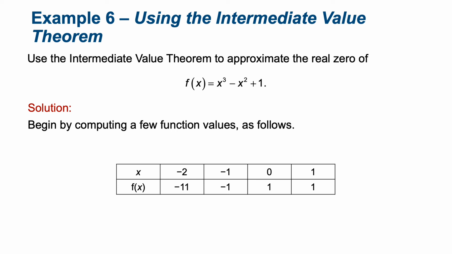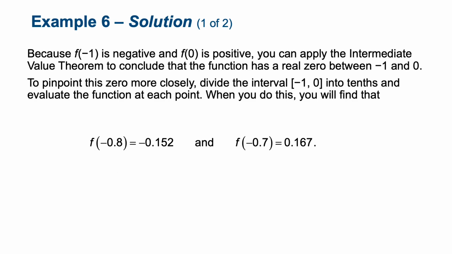We'd get negative 11 for negative 2, negative 1 for negative 1, 1 for 0, and 1 for 1. So here we're getting interested, right? Algebraically, the sign of f changes from negative 1 to 0. It becomes positive. So we know definitively by the intermediate value theorem that there's a 0 there.